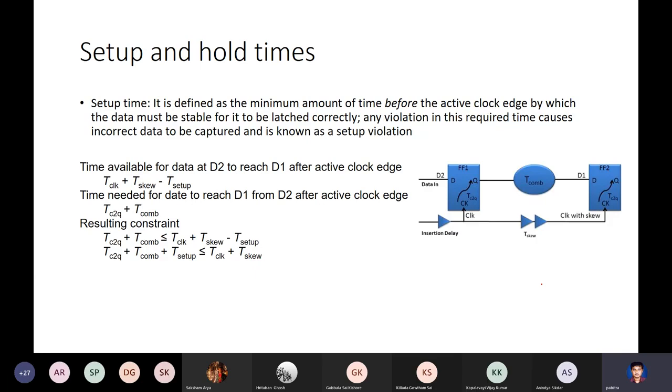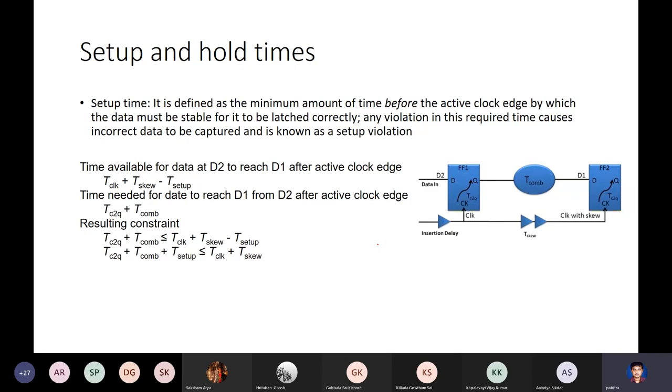And as a result, you have a constraint. The first one is the time available, within which D2 should reach D1, and the second one is the time needed. This time is required to transform, and naturally the time needed should be less than the time available. So you have this constraint.